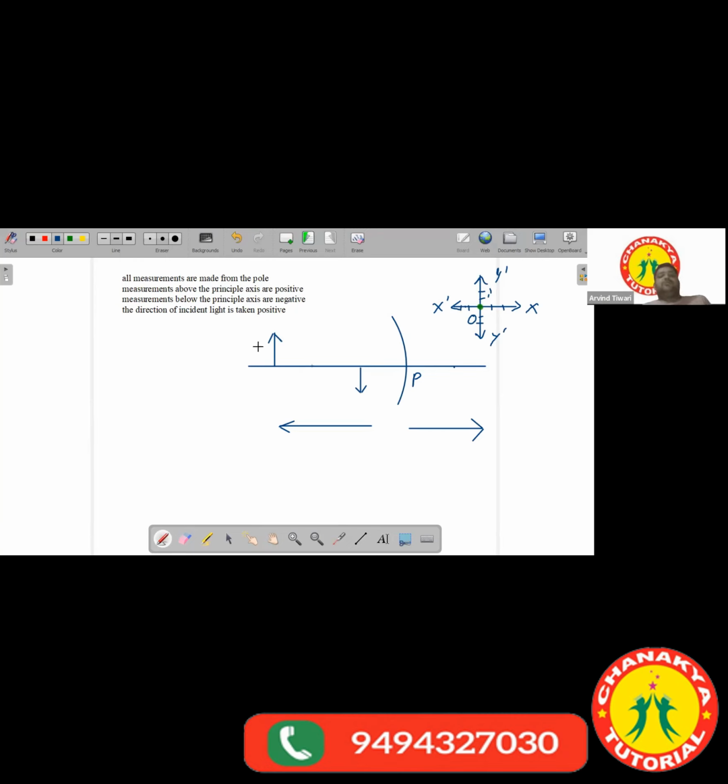Now, taking these two concepts, measurements above the principal axis and measurements below the principal axis, on this basis we will try to justify the values of magnification. The magnification is given by the formula: height of image over height of object. Here we have the object, and as we know the object is always upright, and here we have the height of image.